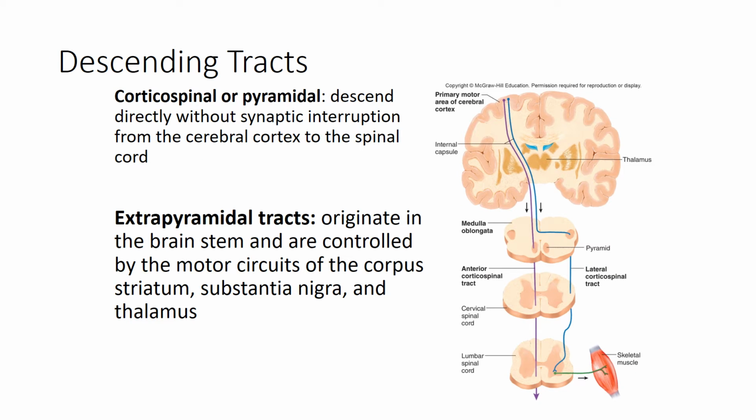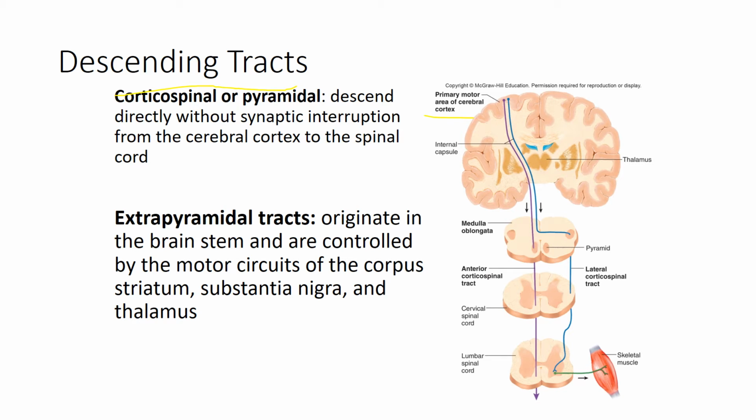The descending tracts have two different pathways, so going from the brain down back to the spinal cord and then out to the periphery. And so with the corticospinal or pyramidal pathway, what we have are the cell bodies, and these neurons are found in the precentral gyrus, okay, so primary motor area.